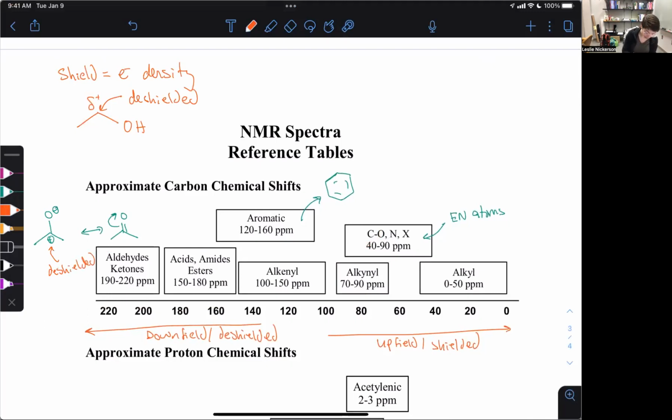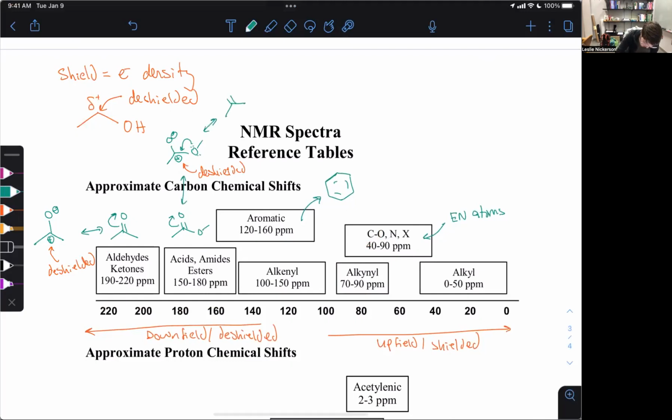If I look at an ester though, I do have it deshielded, but I have these lone pairs nearby that can give it some electron density.